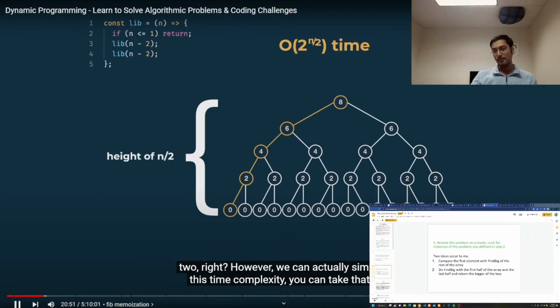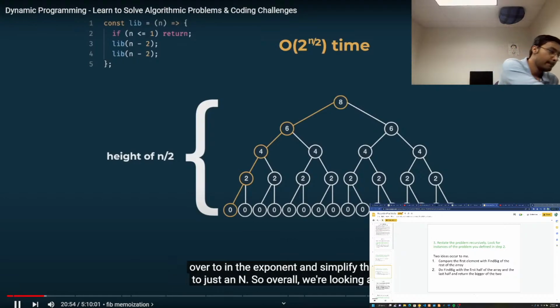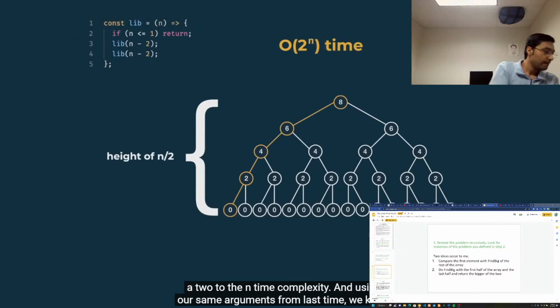However, we can actually simplify this time complexity. We can take that n over 2 in the exponent and simplify that to just an n. So overall, we're looking at a 2 to the n time complexity.